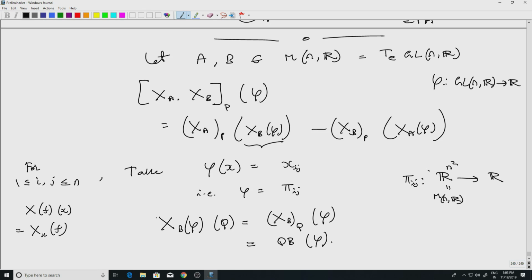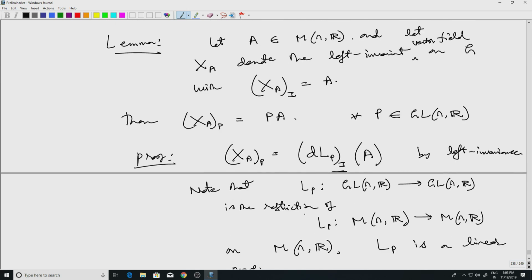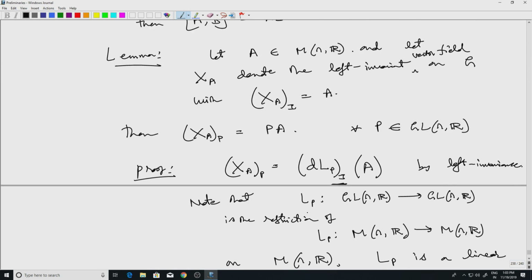Well, when we say QB acting on phi, one has to keep certain conventions in mind. For instance, here when I said XA at P is PA, now A is just an MNR element and P is a GLNR element. So the product is again just an element of MNR.